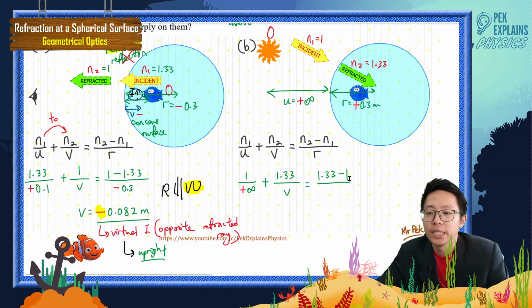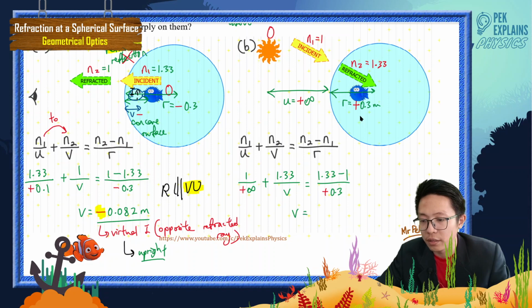So different, huh? My r is positive 0.3. Last time it was negative 0.3, now it's positive 0.3, all because the object is in a different position. So just put positive 0.3.